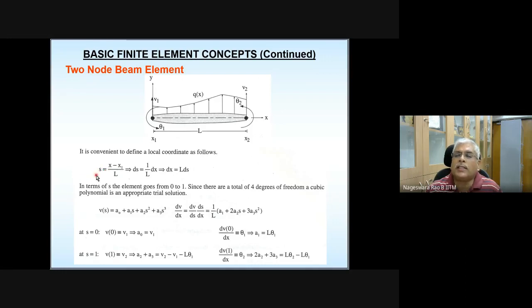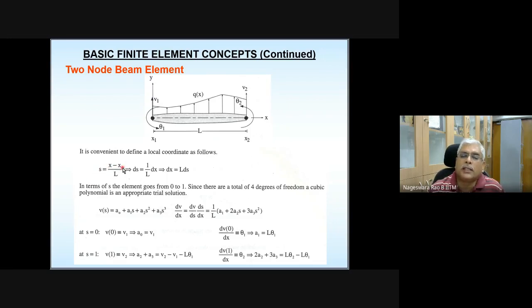Is this relation correct or not? Please check it. Substitute x is equal to x1, and that gives you s is equal to 0. When x is equal to x2, it gives s is equal to 1. So this mapping is correct.